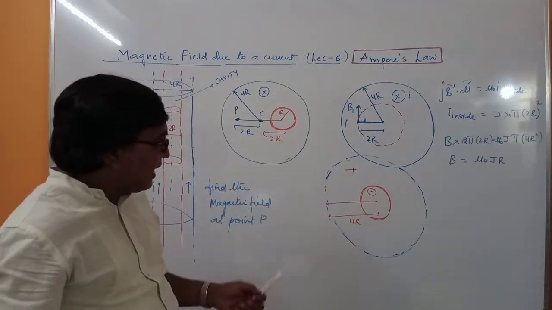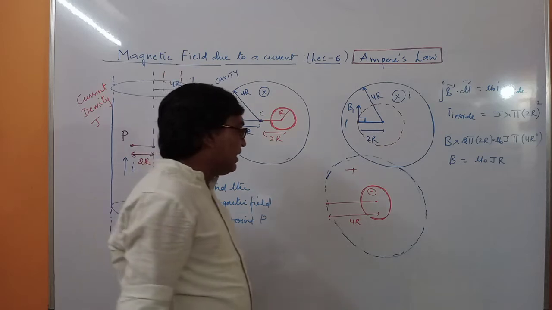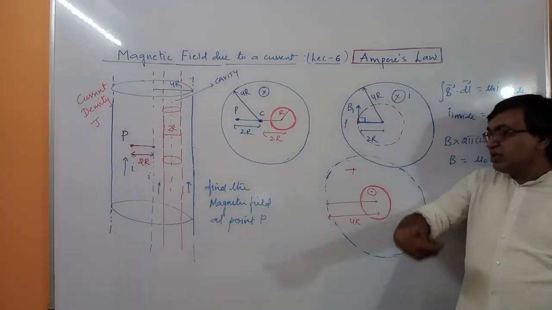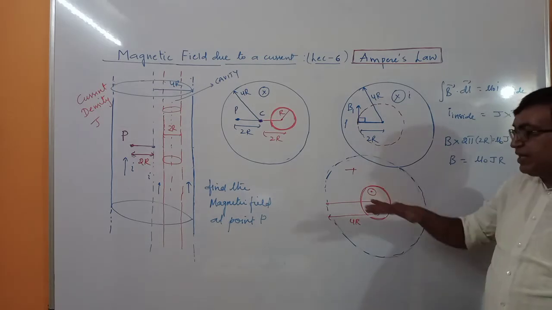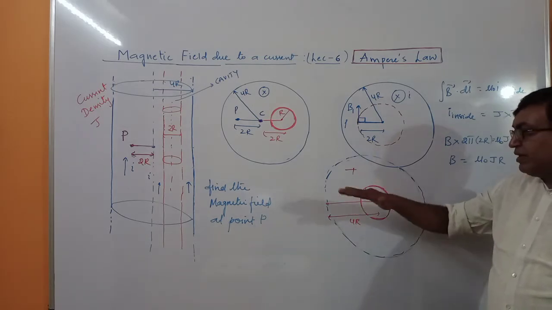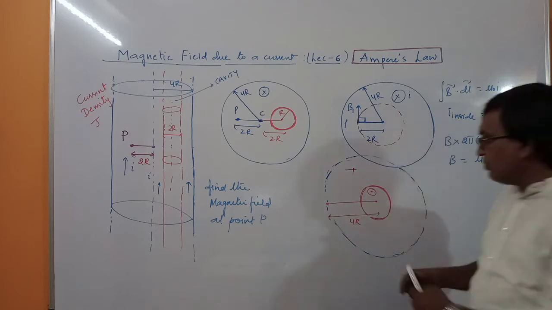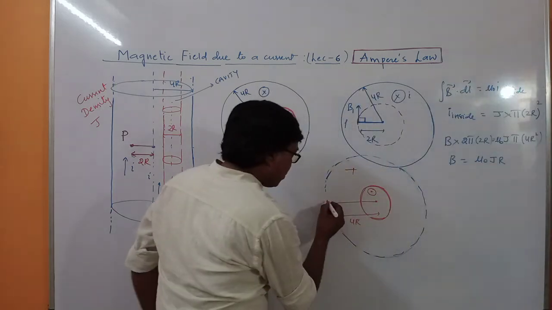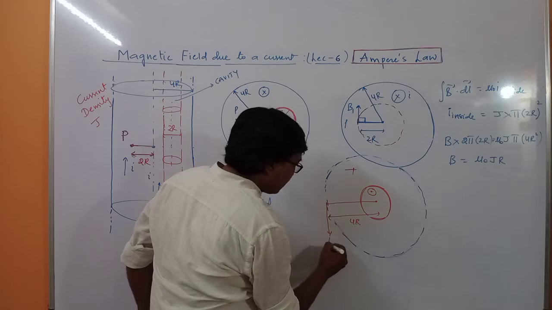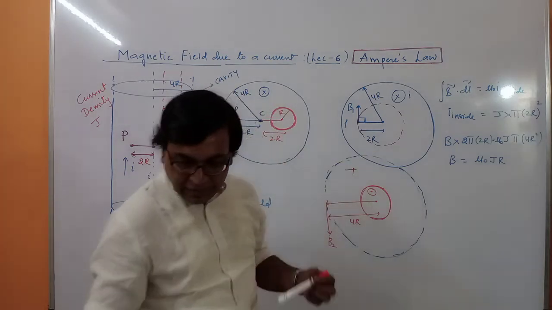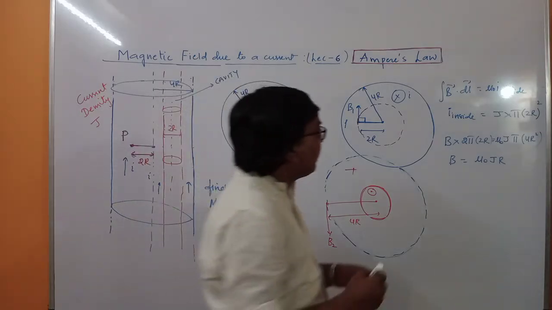Then again magnetic field. So the direction of magnetic field is in this direction, correct? So magnetic field will be in the downward direction, right hand thumb rule. So I will show the direction of magnetic field. Let us call this magnetic field to be B2. And this magnetic field was B1.